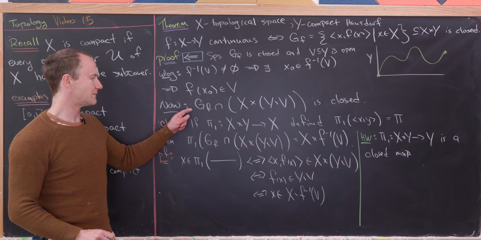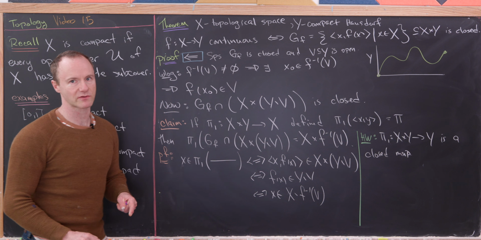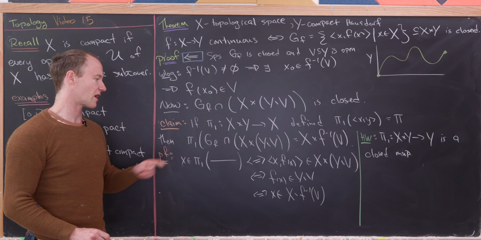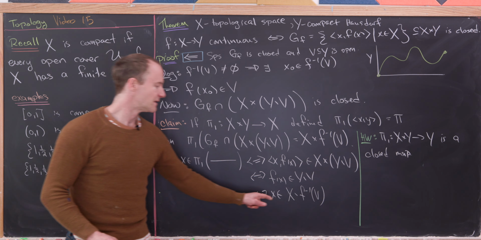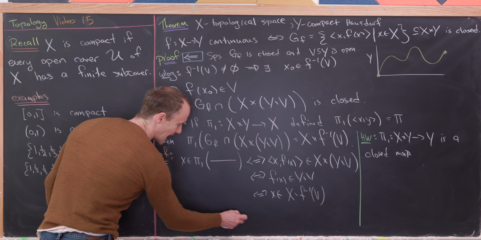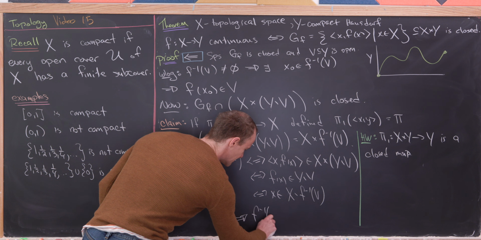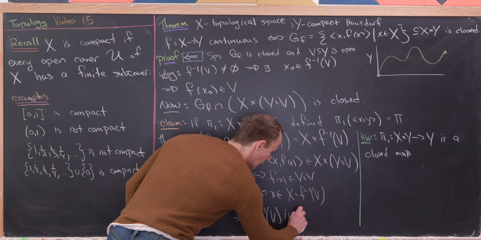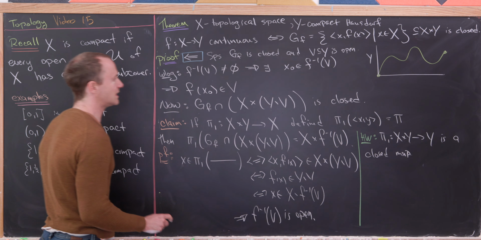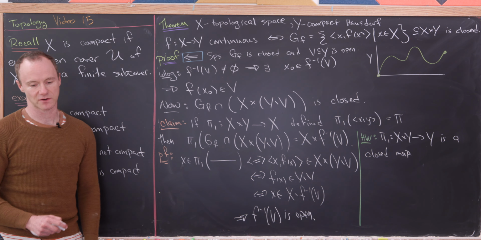But that means that the image of this thing right here, this behemoth right here, which is closed, under our pi1 is closed. But that means that X minus the pre-image of V is closed. But if X minus the pre-image of V is closed, then that means the pre-image of V is an open set. But that's exactly where we're going to end up for f to be a continuous function.